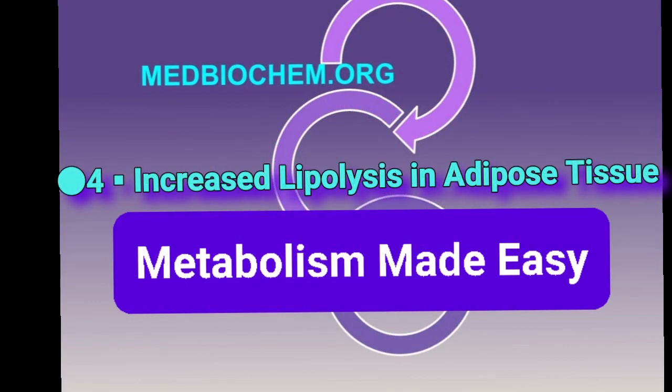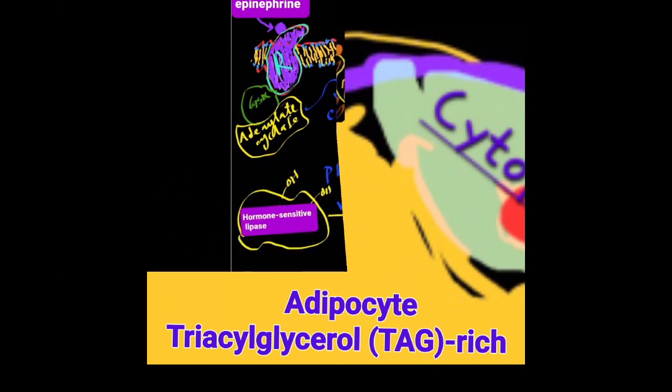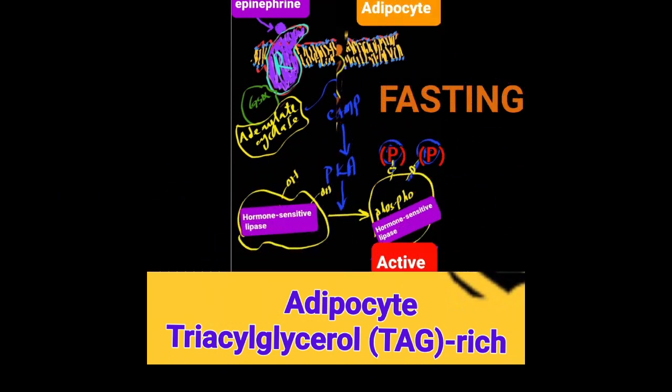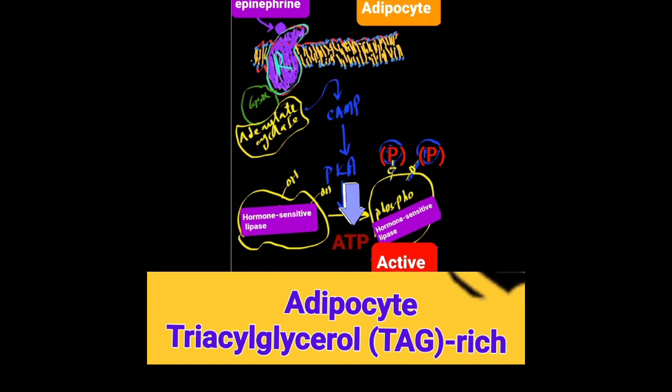During fasting, lipolysis is increased due to the activation of hormone-sensitive lipase in adipose tissue. This is due to the phosphorylation of the enzyme by PKA, which is activated in turn by activation of the beta-adrenergic receptor by epinephrine.